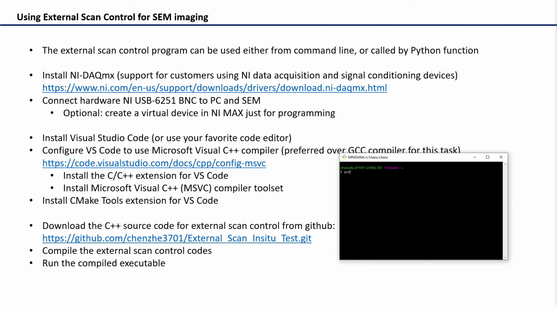So pwd, this is the directory we are currently in, and I cd to the directory that I want to put my code in, and type in git clone followed by this link.